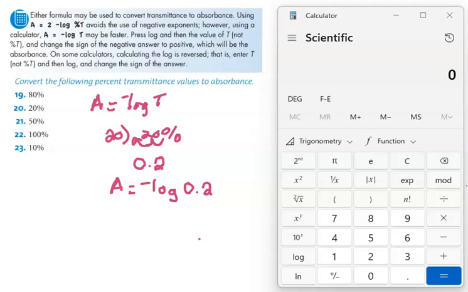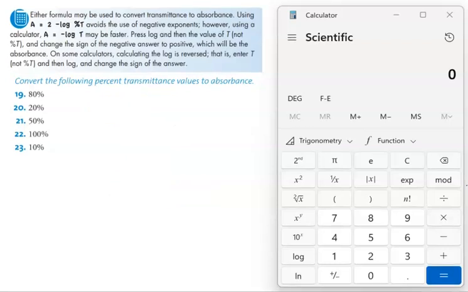So at this point, we can plug everything into our calculator. And remember, we have to plug in our transmittance first, which is our 0.2. So if you plug in 0.2 for our transmittance and hit our log key, you're going to get negative 0.6989.